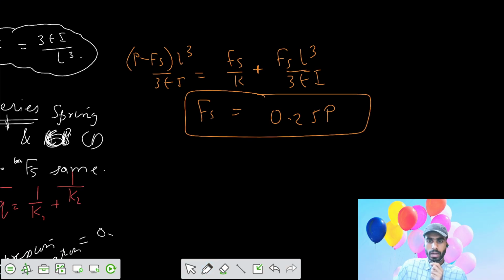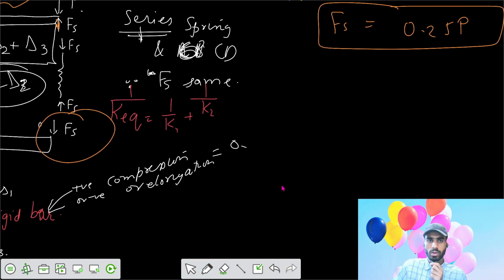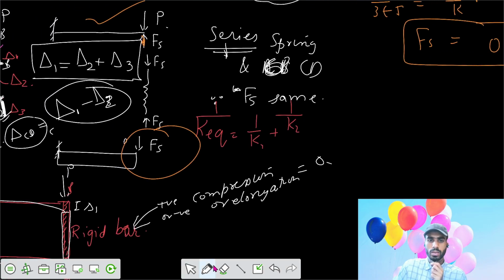Also, we can solve it by the equivalent spring concept. We can get the equivalent spring between the bar CD and your spring. Let's say the spring constant was 3EI by 2L cube. If you substitute here, this was your spring Ks and this was your K of bar BD.